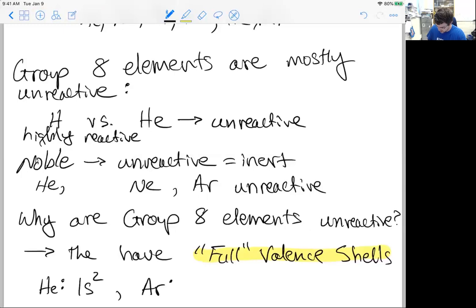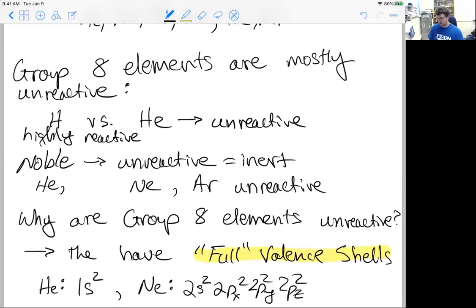Argon, it turns out, has got 3s2. Let's stick with neon. Neon's going to be an easier example. So neon, 2px2, 2py2, 2pz2, it has a full shell of electrons.